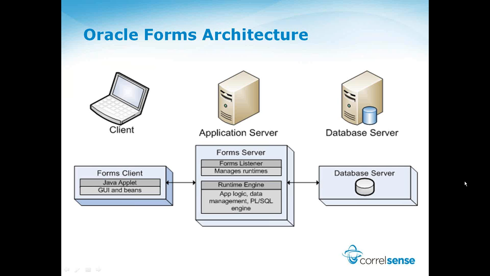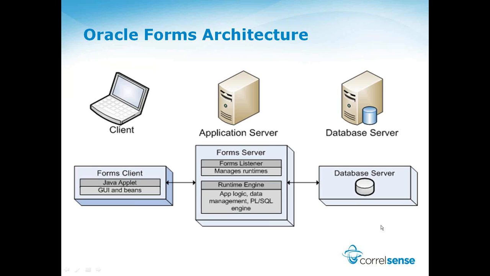As you could see, the architecture is quite complex. I mean, you have Java running on the client side to basically monitor the CPU of the client and what's going on the client side. You have the application server side, which is both the Forms Listener and the runtime engine.